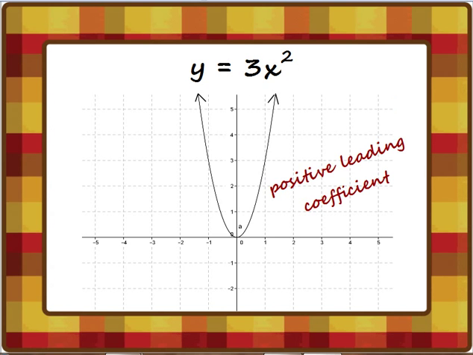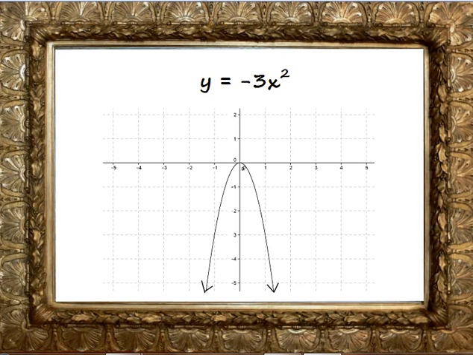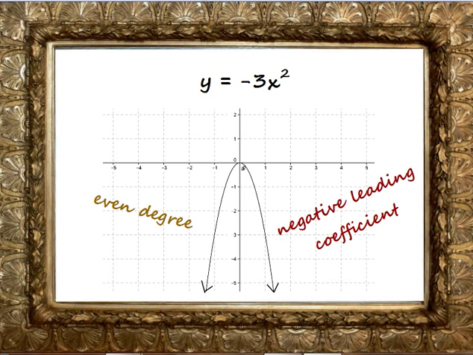The 3 is positive, and it's an even degree. If I change that so that now it has a negative leading coefficient, it looks a little different. It still has the same basic shape, it just points in a different direction. It still is an even degree or second degree polynomial.